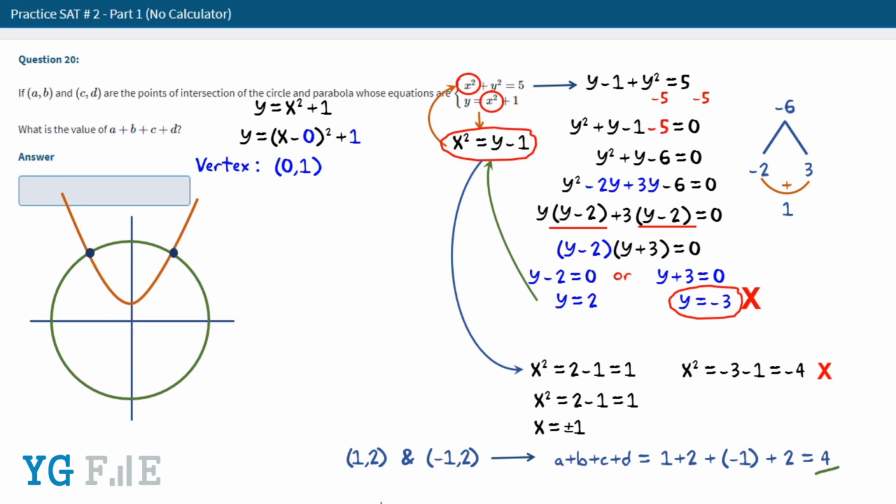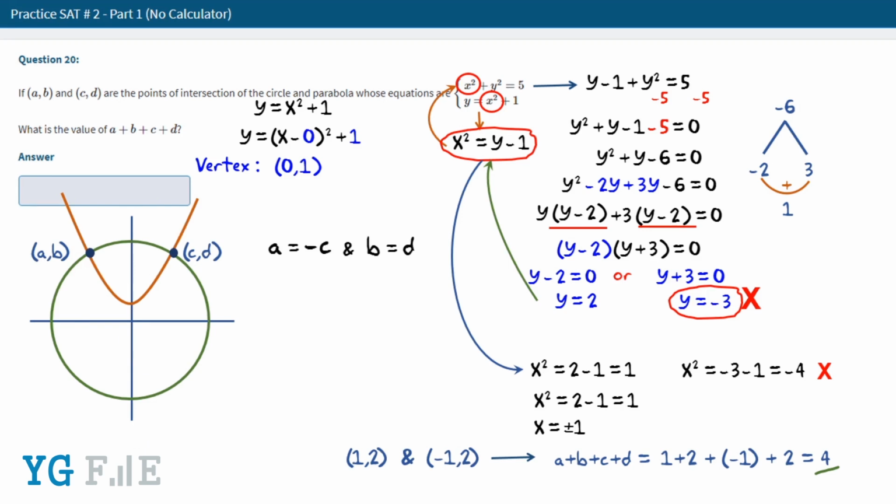From this graph we can also see that if we let the first point be (a, b) and the second point be (c, d), then since it is a circle and a parabola, they are symmetric with respect to the y-axis. It means that a will be equal to minus c and b will be equal to d.